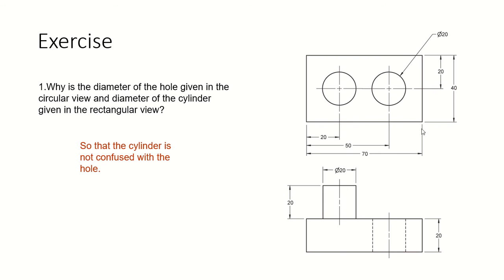So you're not going to be confused: when you look at this diameter, you know that is the hole because it is dimensioned in the circular view. You know this is the cylinder because you're dimensioning it in the rectangular view. So be very careful right here.